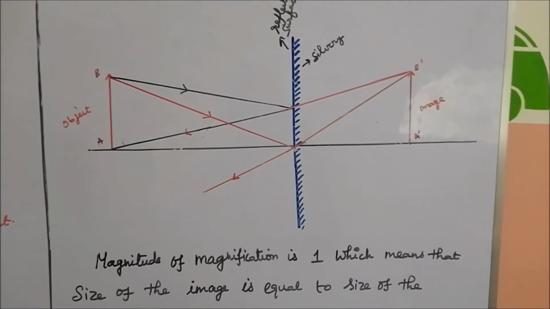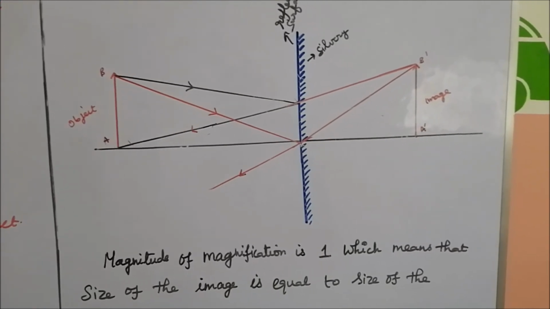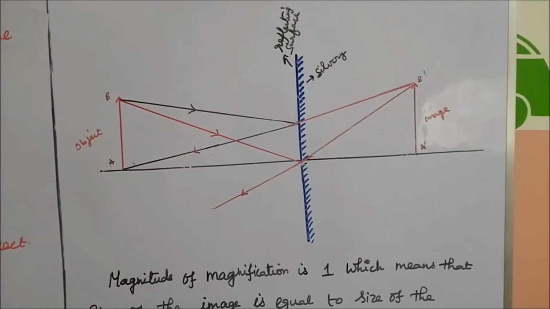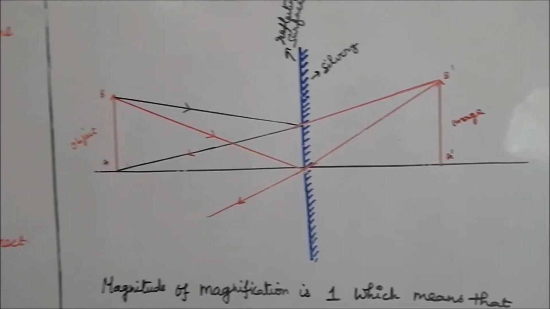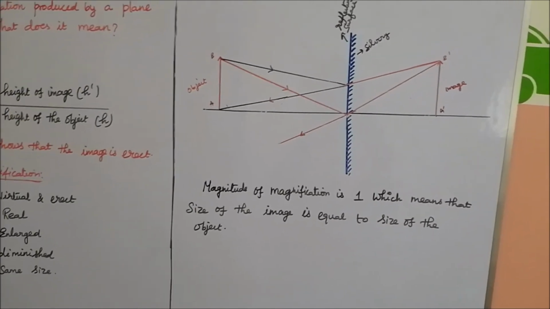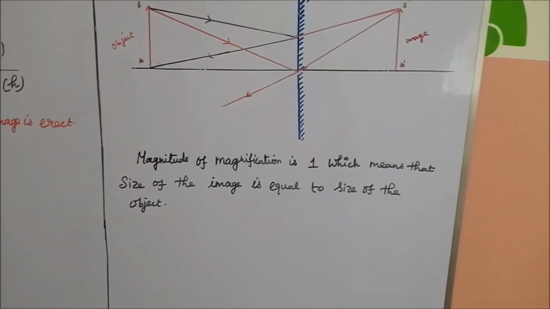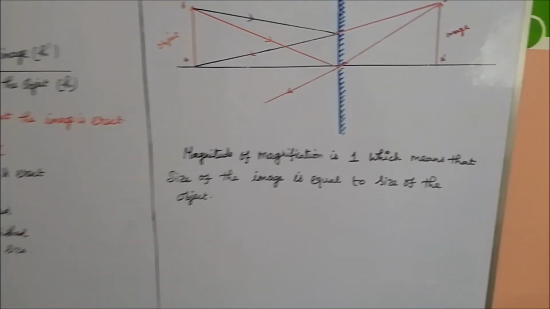We can see that the size of the object and the image are equal, and the image is virtual and erect. So the magnitude of the magnification is 1, which means that the size of the image is equal to the size of the object.